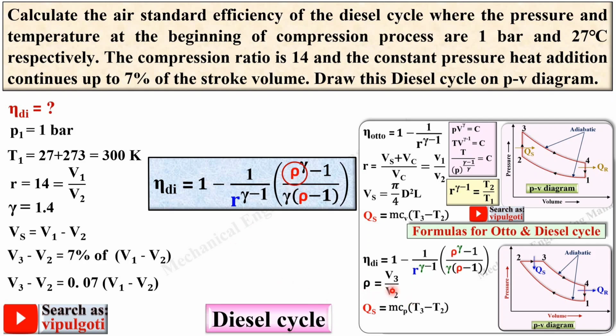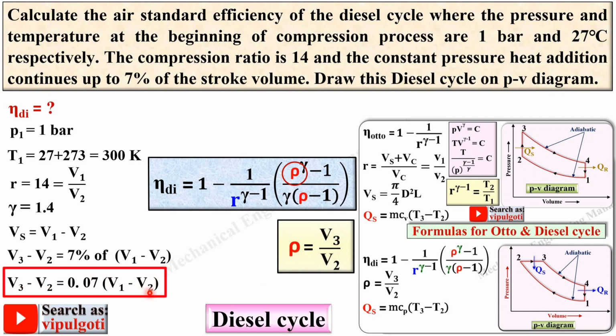Again, you know that rho is equal to V3 by V2. How can you find this rho, my dear friend? Very simple. Here you can see the equation where V3 and V2 are in the picture. But unfortunately, V1 is also in this equation.